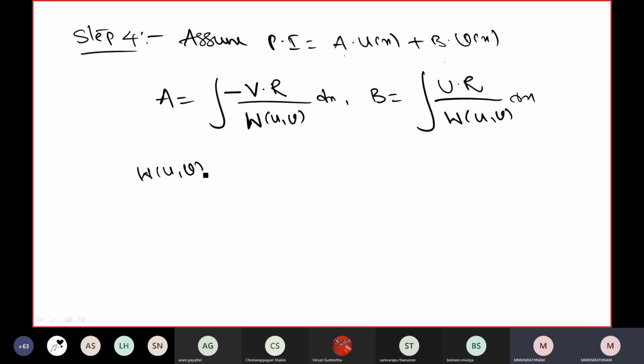The determinant of U, V, U dash and V dash.